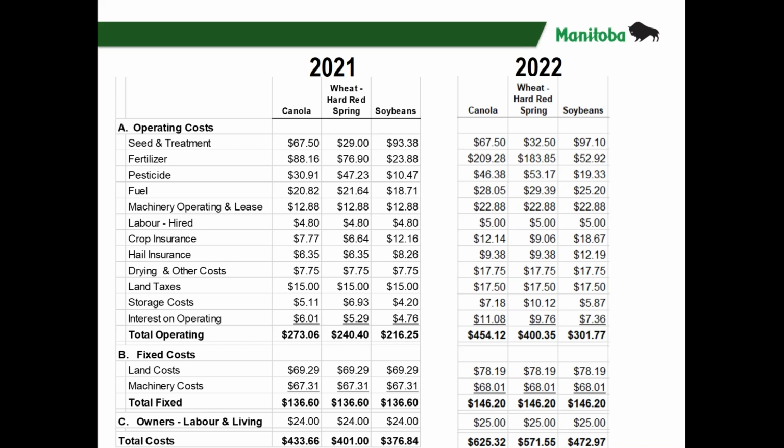And then the last one to draw note to is the Acre insurance cost. While we're seeing some record Acre insurance coverages, there are some increases in costs too. But considering the coverage that we can get, they're pretty affordable increases, especially when we compare it back to fertilizer and pesticide.